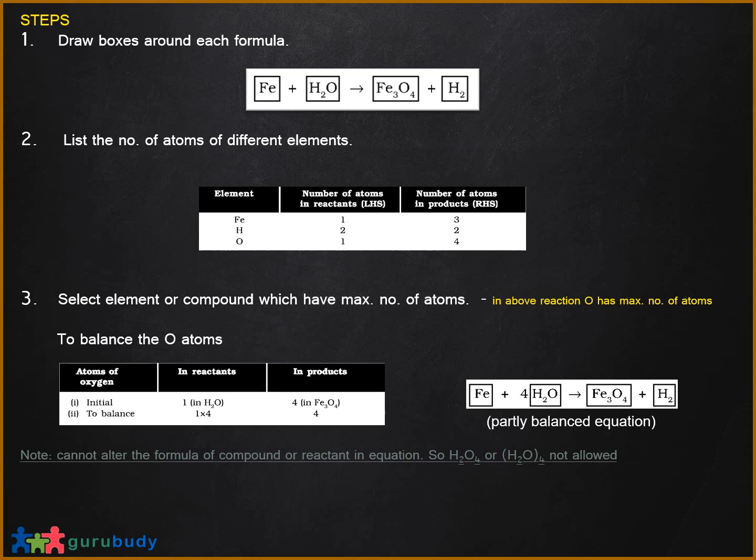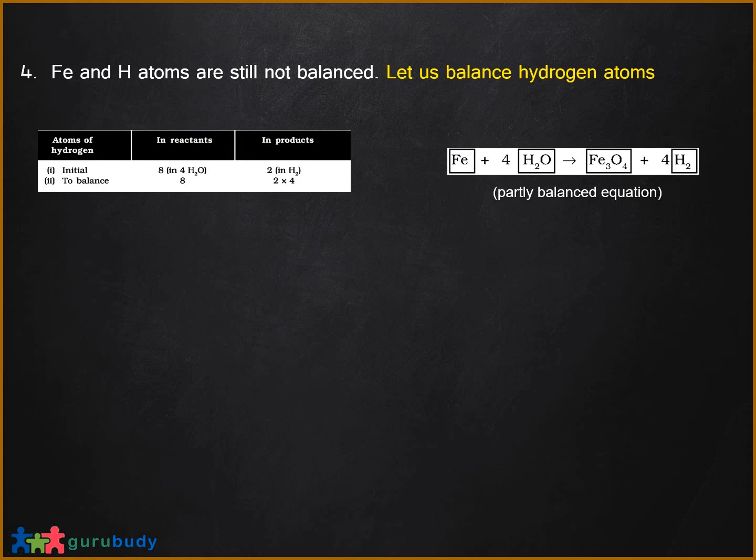Our hydrogen and iron are still not balanced. As you can guess, our next step would be to balance from either the hydrogen or the iron point of view. Let's say we want to balance from the hydrogen point of view.